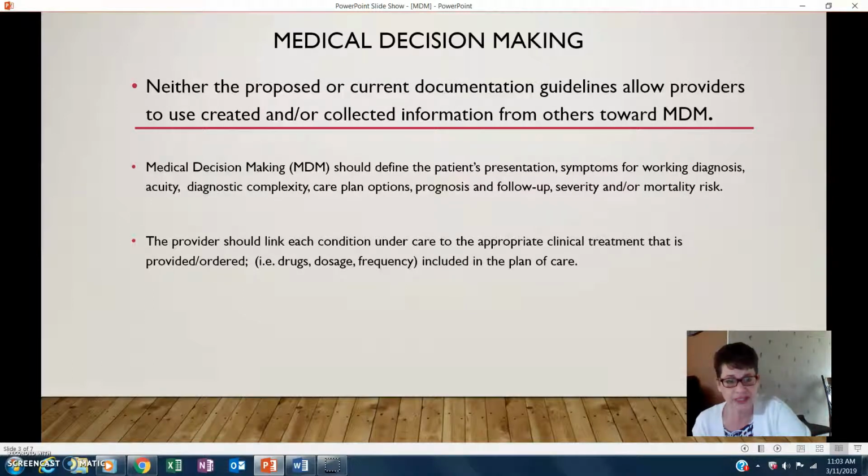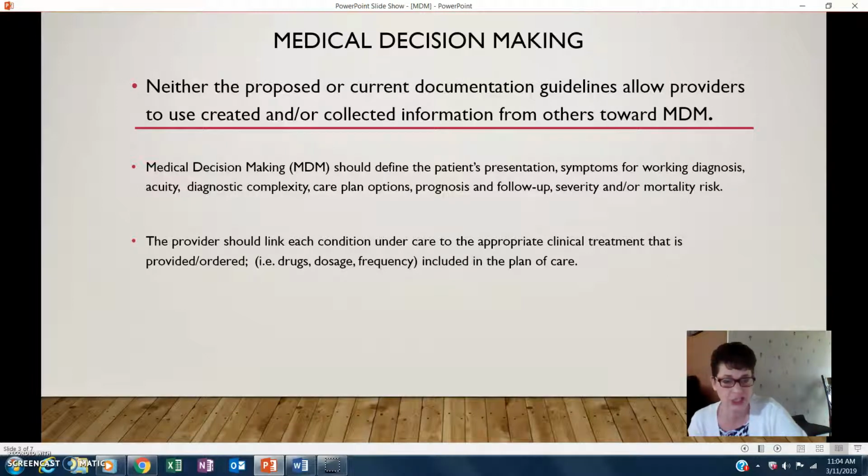While we're thinking ahead about the proposed changes in 2021 to E&M and the requirements to lessen the burden of documenting history and repetitive details, there has been no focus on the main idea, which is medical decision making.